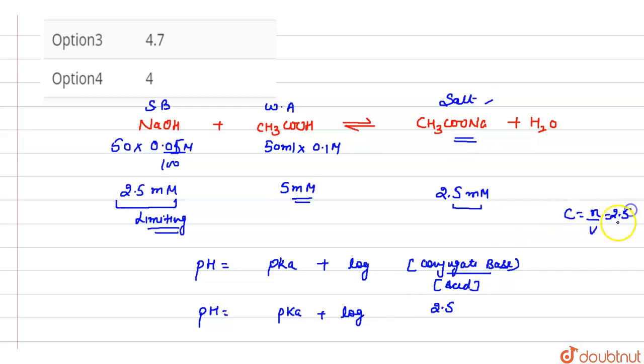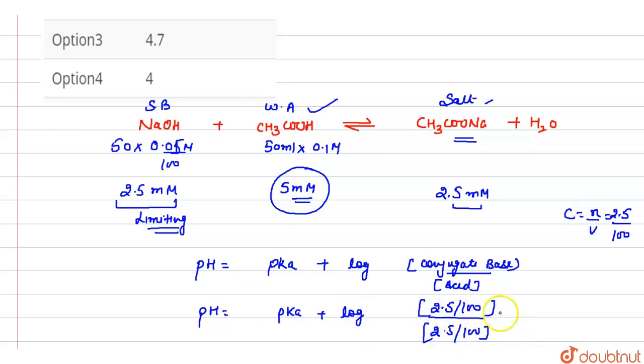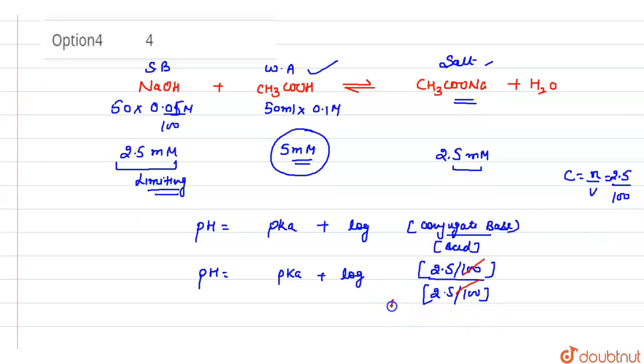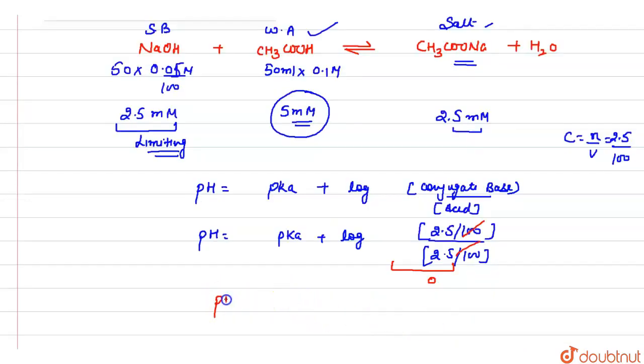Number of moles is 2.5 and total volume is 100, because 50 plus 50 is 100. And the concentration of acid, we will consider 2.5 millimoles only, because only 2.5 millimoles is used out of 5 millimoles. So 2.5 upon 100. These concentrations are the same, so they cancel out and the log value becomes 0.